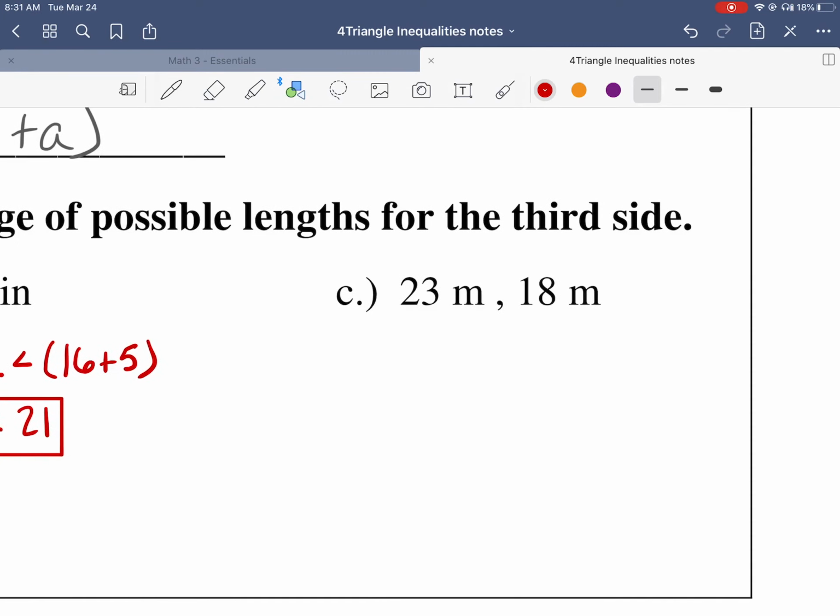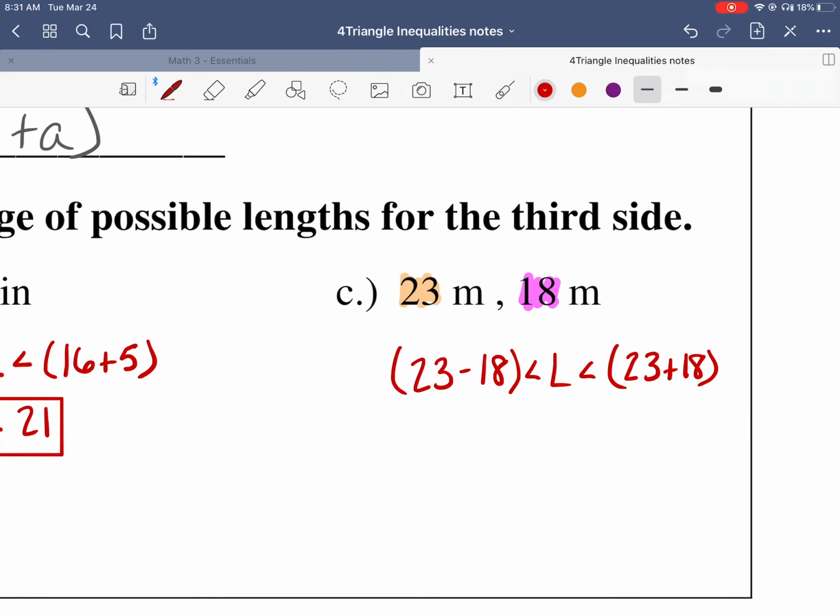Last one. Bigger, smaller. So we have bigger minus smaller has to be less than my length, which is less than my bigger plus my smaller.